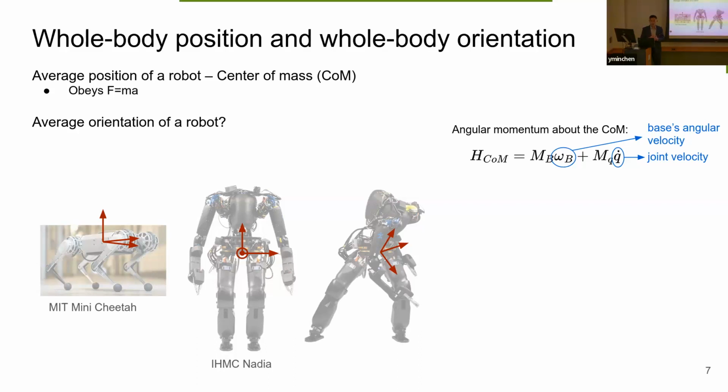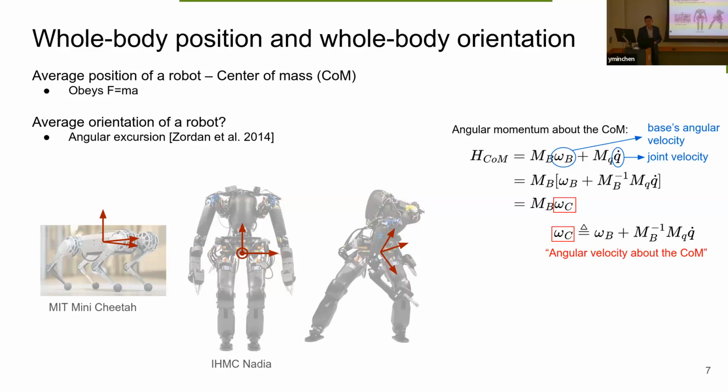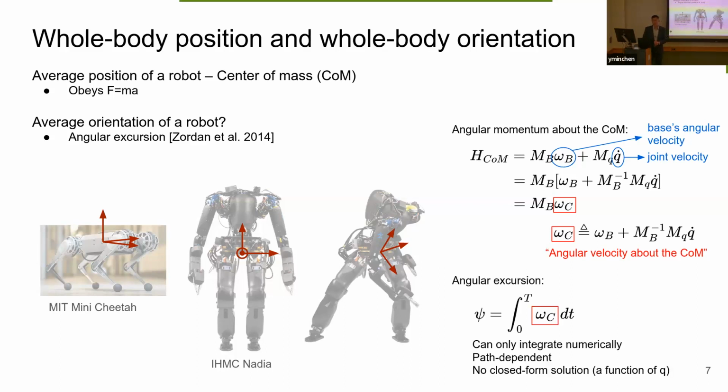And one approach that Jordan and some other researchers use is starting from this angular momentum. We define an angular velocity about the center of mass. And given this angular velocity, we can integrate forward in time and find the orientation.